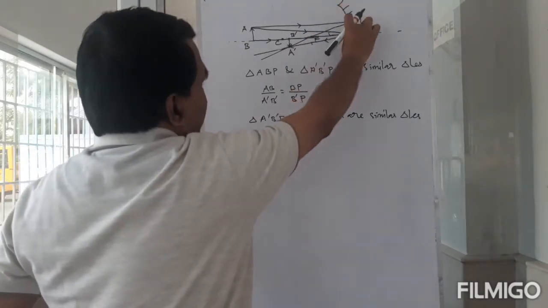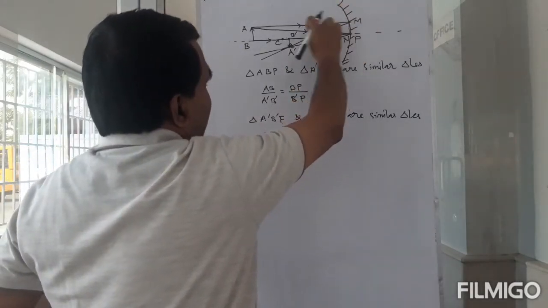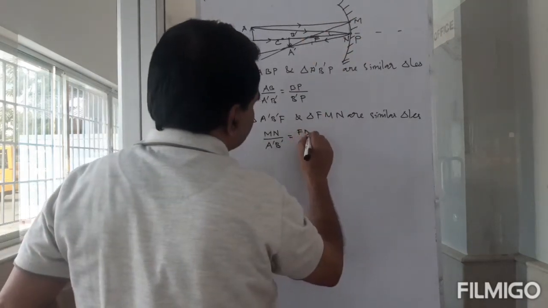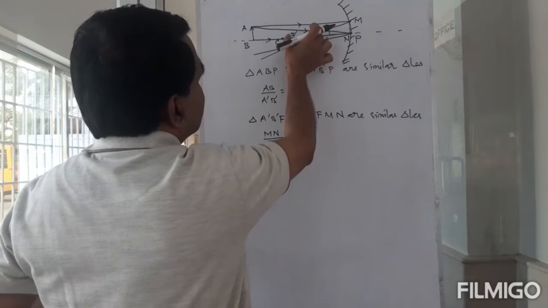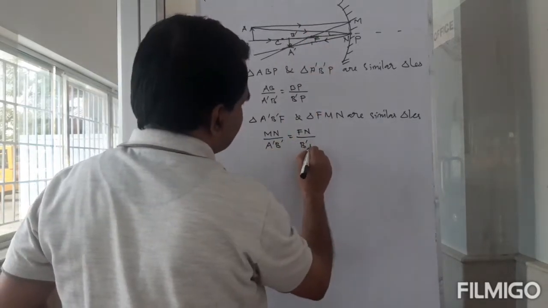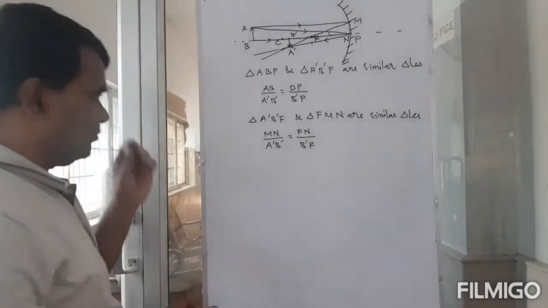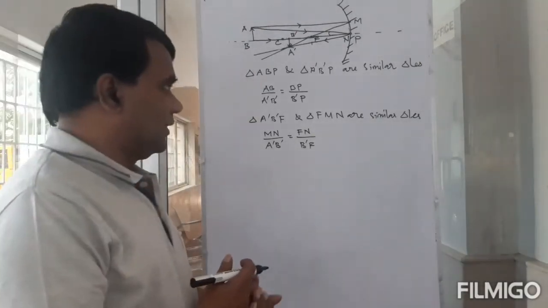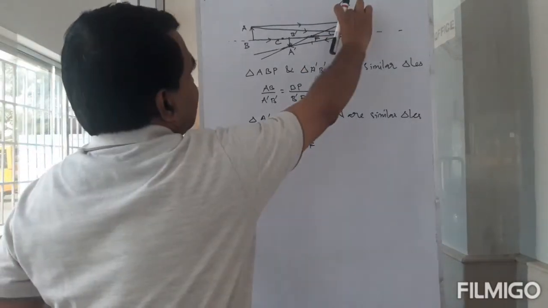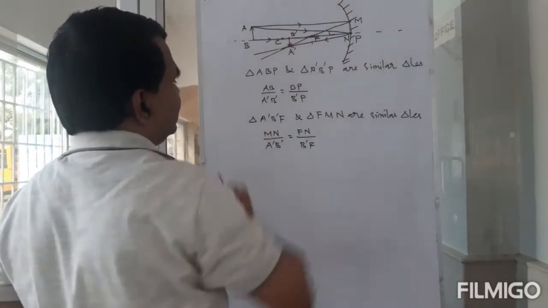So M and F, so that's going to be FN by B dash F. So this MN is the same as AB.